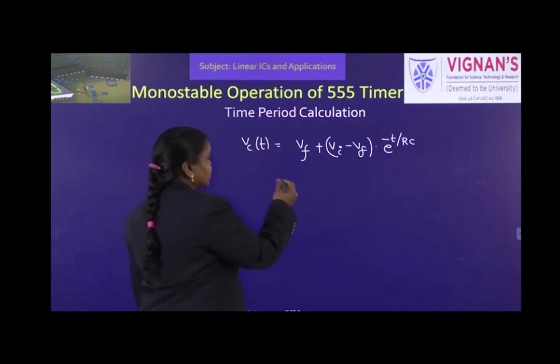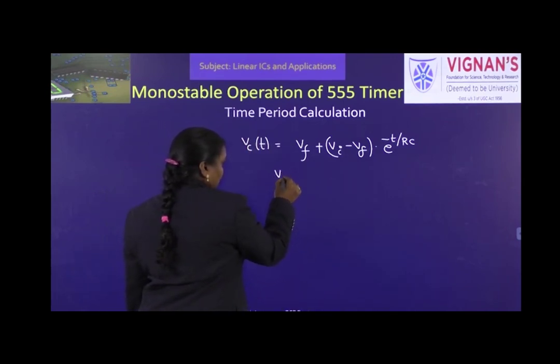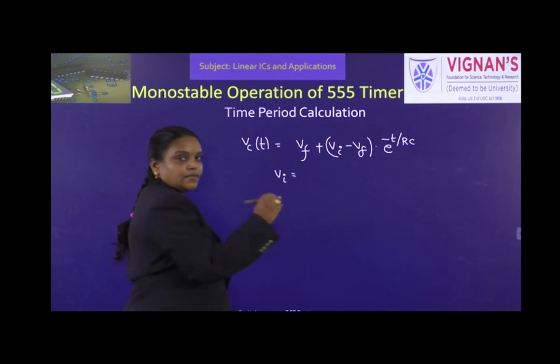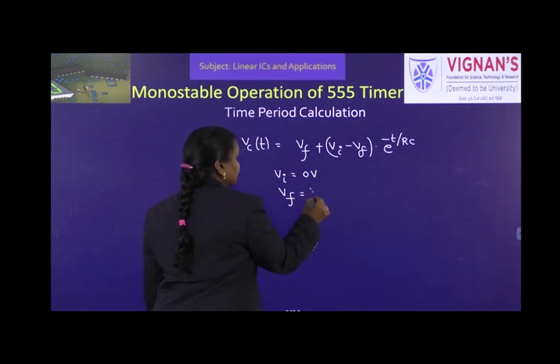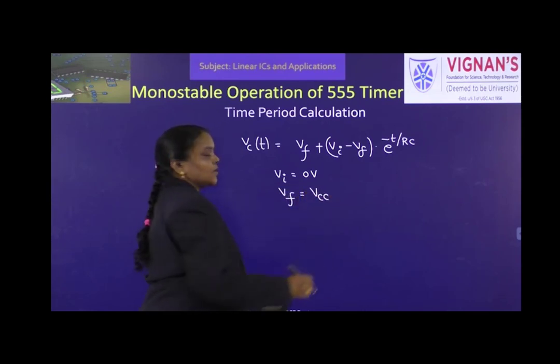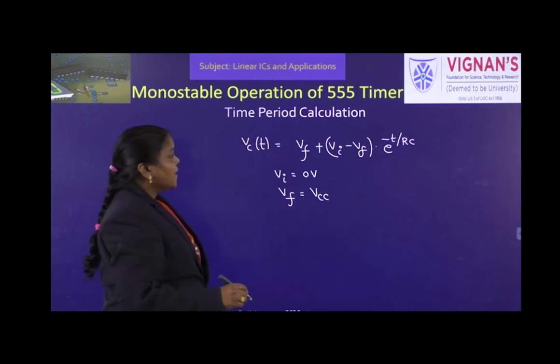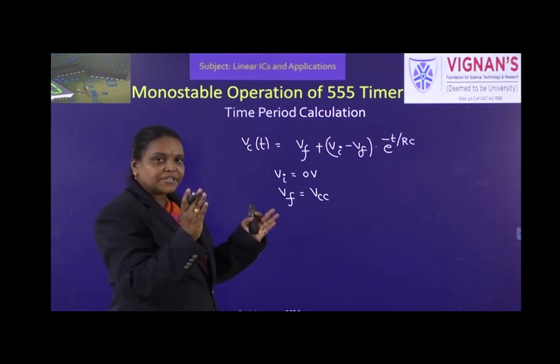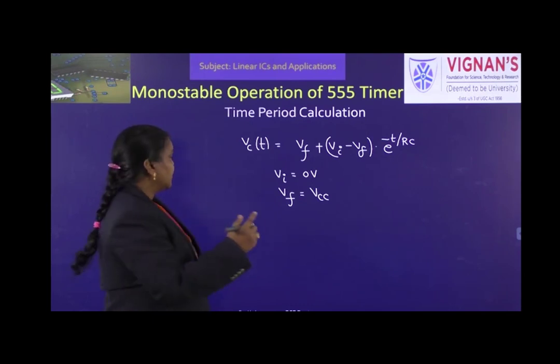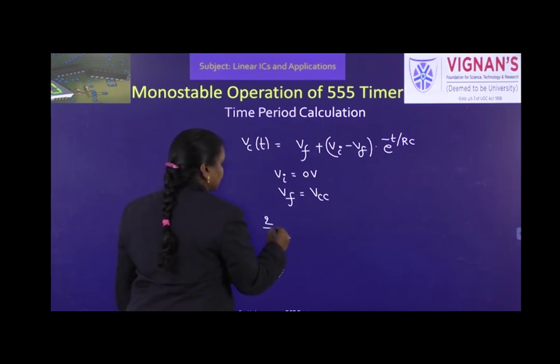So what is the initial voltage? From where does it start charging? 0 volts. So V initial is 0 volts. V final is VCC. And at time t, that is for a time period of t, how much is it reaching? It is 2/3 VCC. So VC of t is 2/3 VCC.